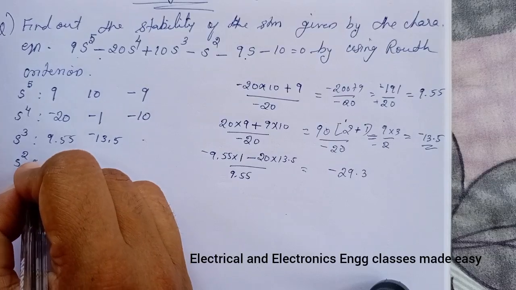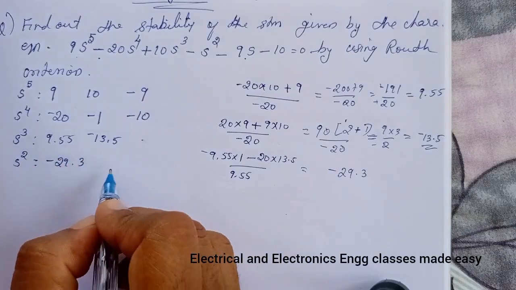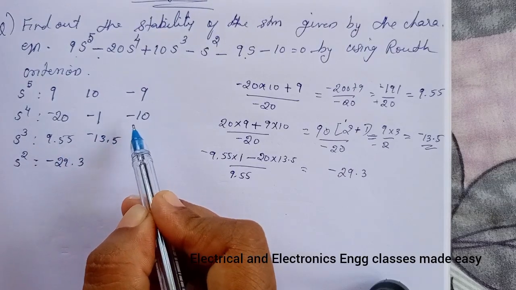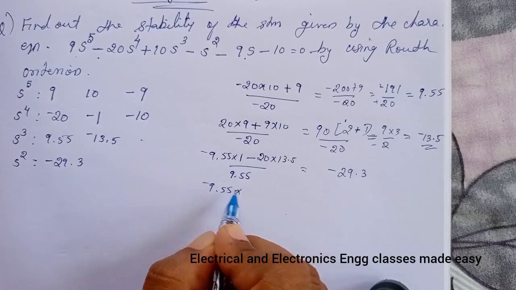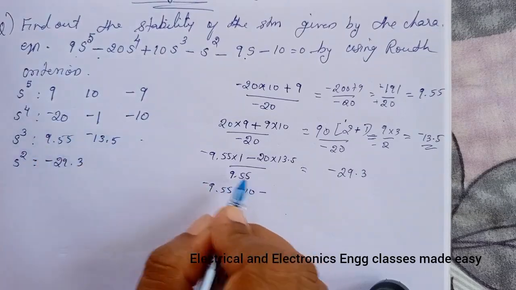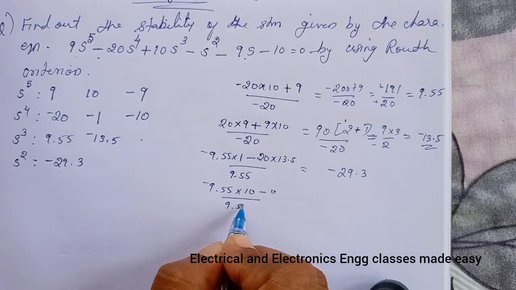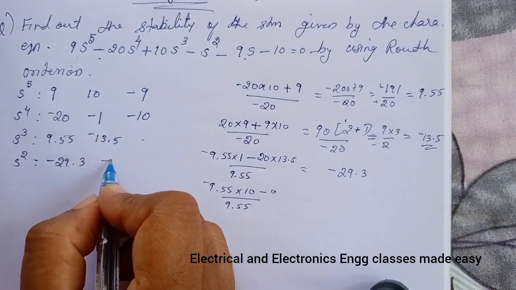The next element is 9.55 into minus 10 minus 20 into 0, divided by 9.55. So we get this as minus 10.